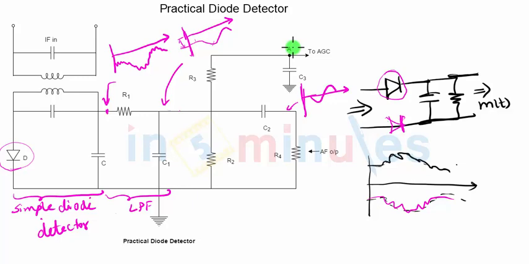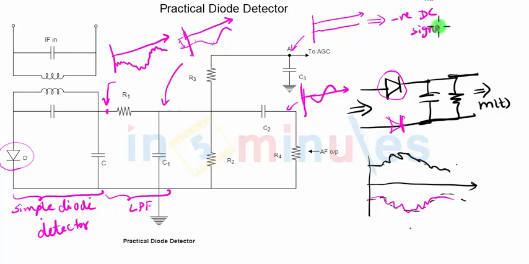So if the cutoff frequency is less than 20 Hz, this low pass filter will block the modulating signal as well, and the output of the low pass filter will be only in the form of a DC signal, and that too a negative DC signal. So what we have obtained at the output of C3 is a negative DC signal.